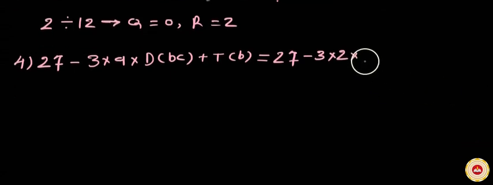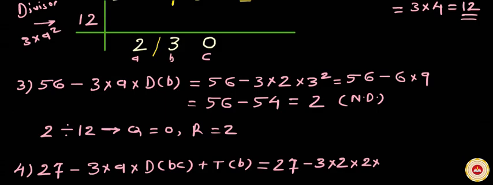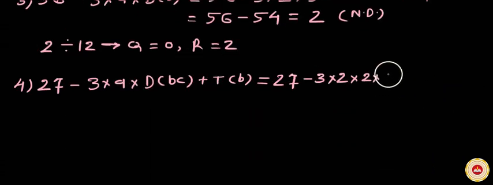Product of two digits multiplied by 2. That means 2 multiplied by B, which is 3, and C is 0 here.